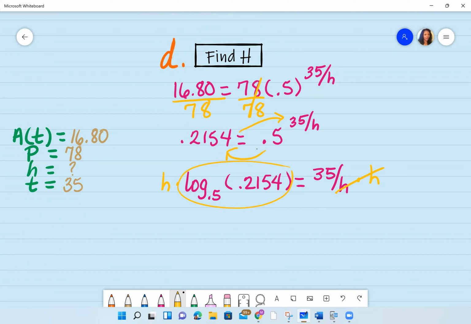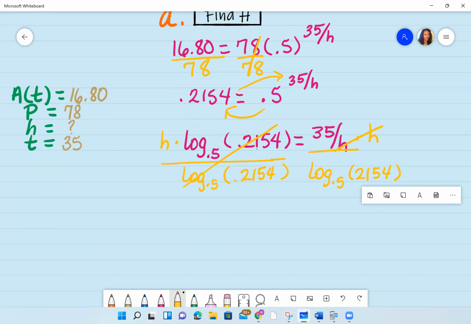I'm going to divide both sides by log base 0.5 of 0.2154, and the same thing over here. Even if you have an expression that's long, that's stopping your variable from being by itself, just divide it by all of it.